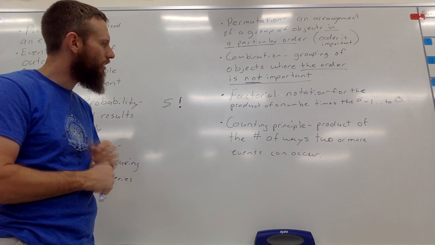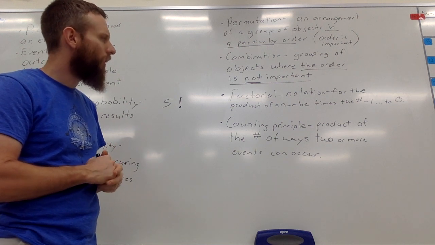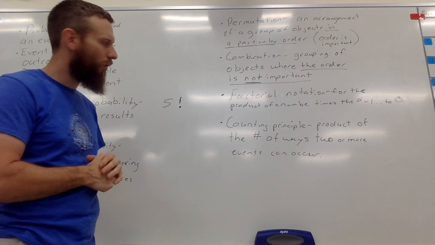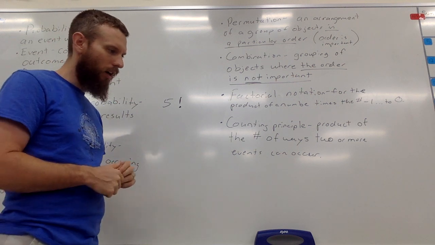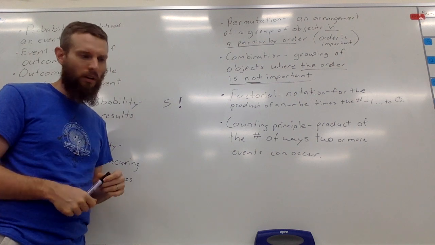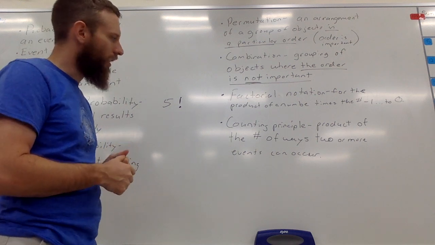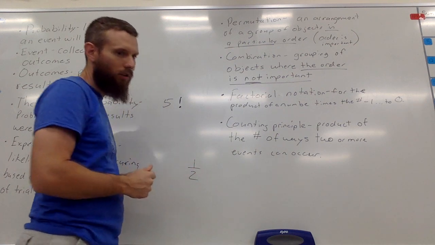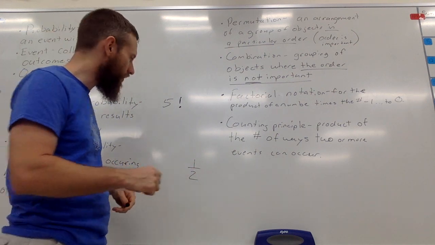Last but not least, the counting principle says to take the product of the number of ways 2 or more events can occur. So I'm going to flip a coin and roll a die. If I flip a coin, there's a 1 in 2 probability that I will get heads.